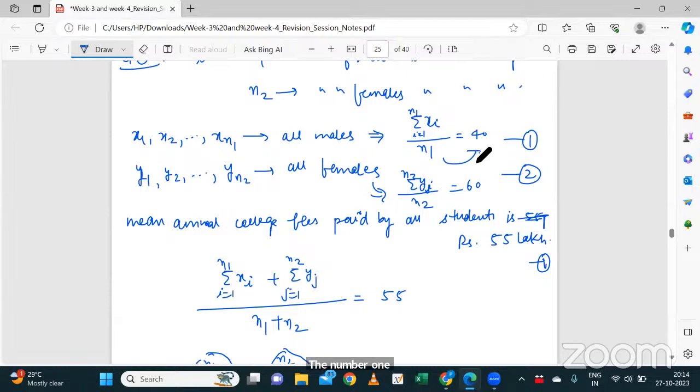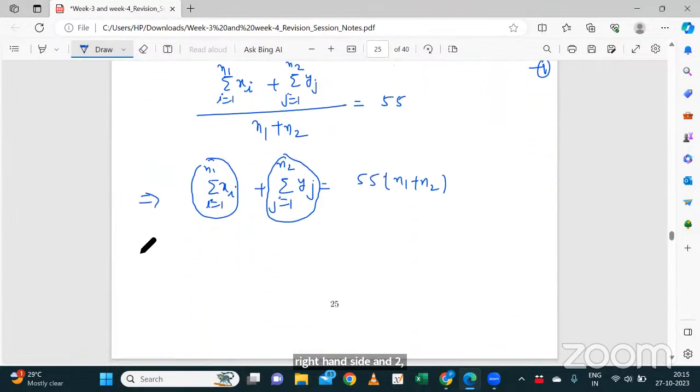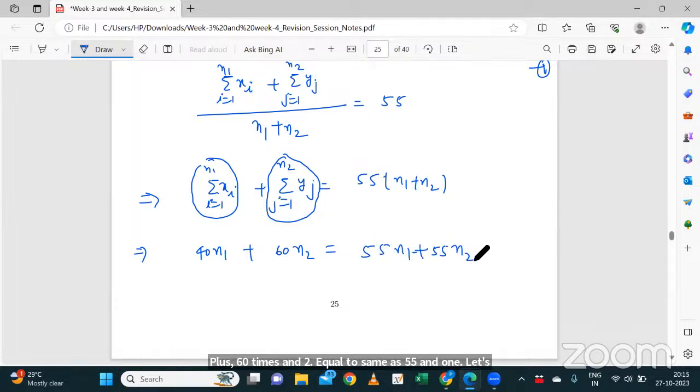If I multiply N1 into 40 on the right hand side and N2 into 60, I will get the values. So it will be 40 times N1 plus 60 times N2 equal to 55 N1 plus 55 N2.